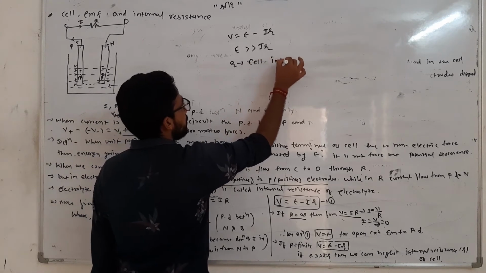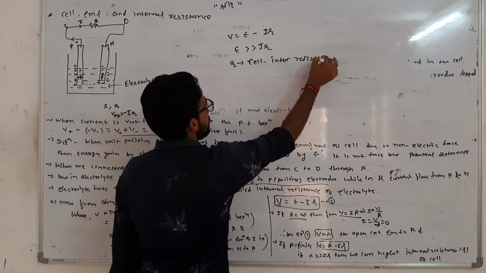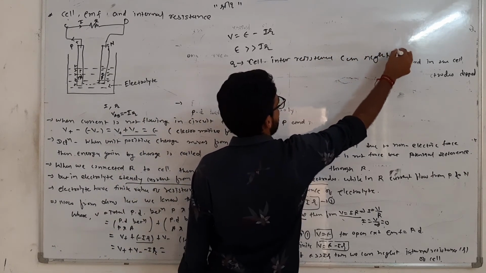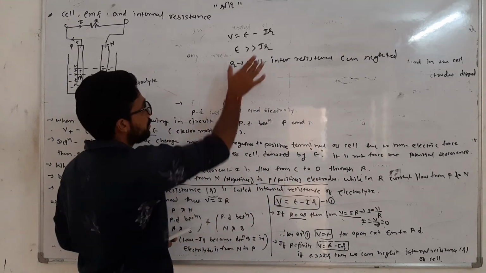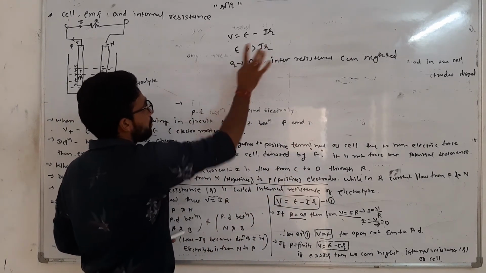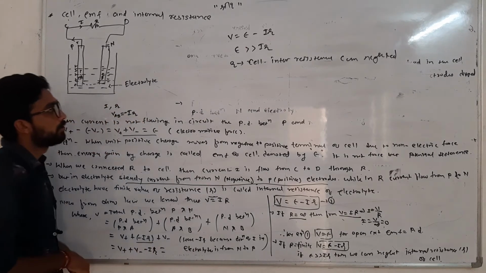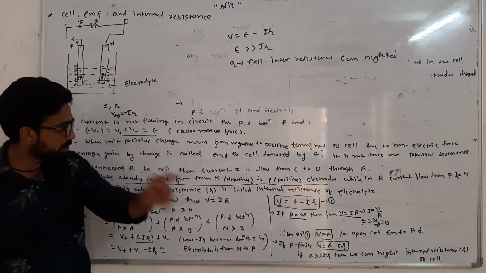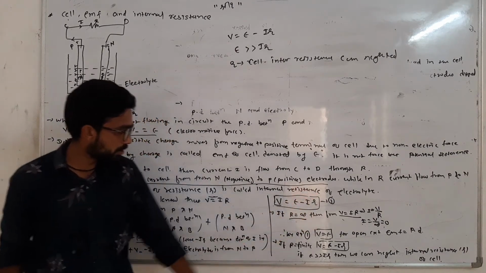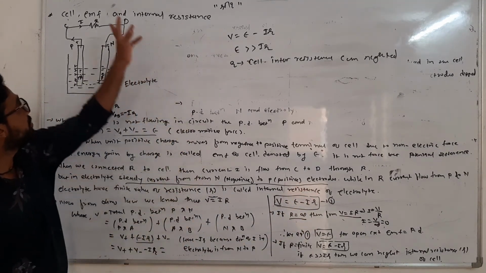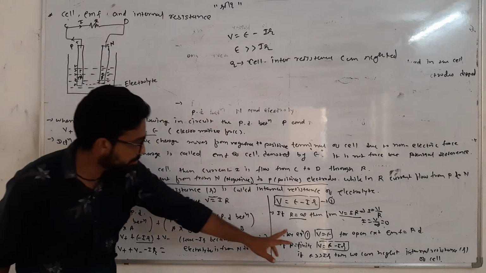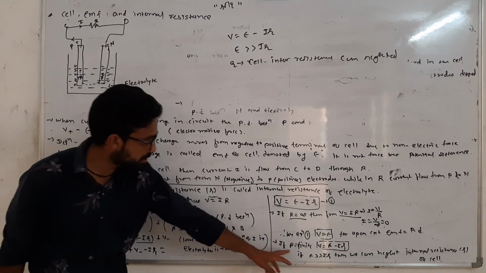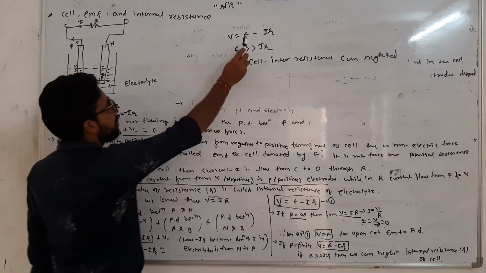Cell internal resistance can be neglected, for which condition? When our EMF is much greater than Ir. So here we have two relations between potential difference, internal resistance, and electric current. When your resistance value is infinite, at that time your potential difference is equivalent to EMF. But when your resistance value is finite, at that time you have this equation.